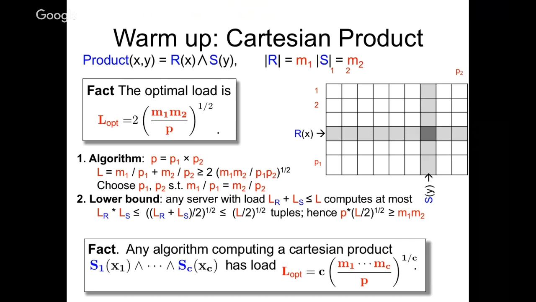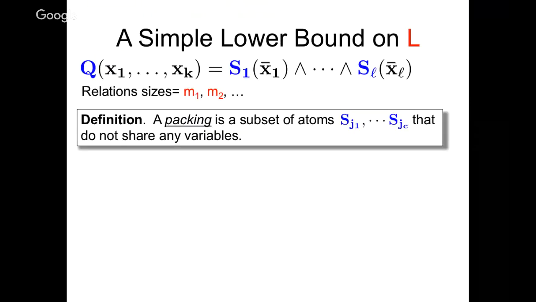Now comes a very simple insight about a general query. Take any full conjunctive query, it doesn't have to be a cross product. The input sizes are M1, M2, and so on. A packing of the conjunctive query is defined as a subset of atoms that do not share any variable.